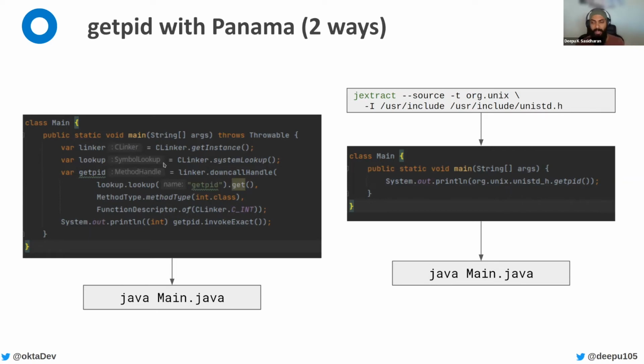Whereas with Panama, regardless of the complexity, it's almost the same process, especially with Jextract. Of course, there's going to be a bit more complexity when you start handling off-heap memory and passing memory between your C and Java code. It gets a bit more complex, but still not as complex as doing it in JNI.